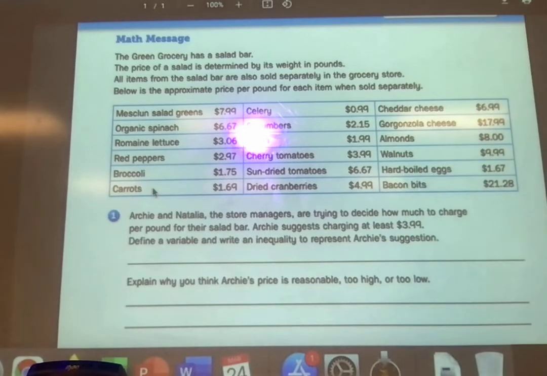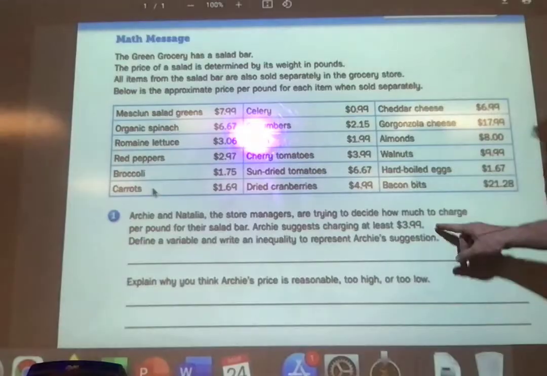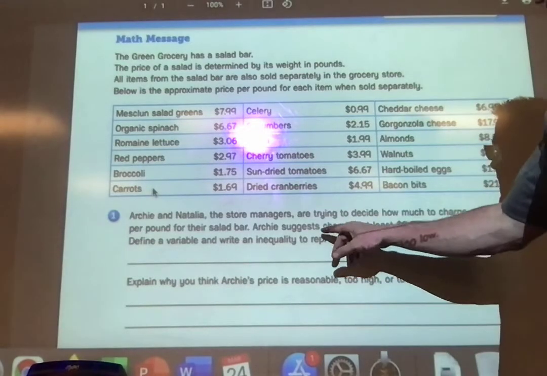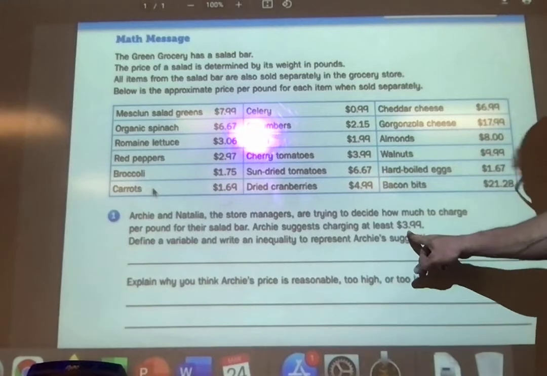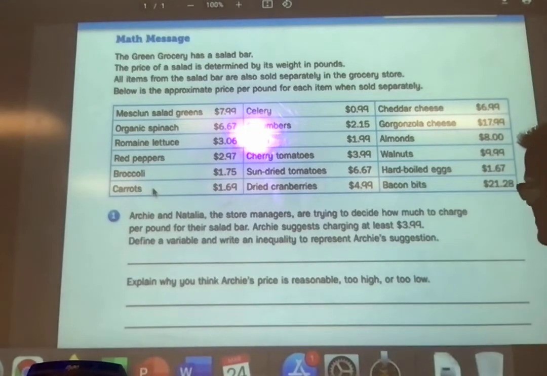Okay, so they're trying to decide how much to charge per pound for their salad bar here, and RC suggests charging at least $3.99. So I'd like to define a variable and write an inequality to represent this. We could call the variable whatever we wanted, but we could just say P for price.